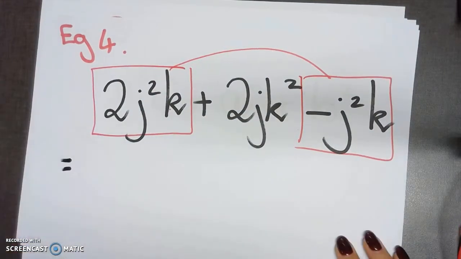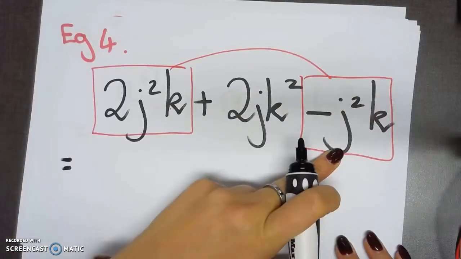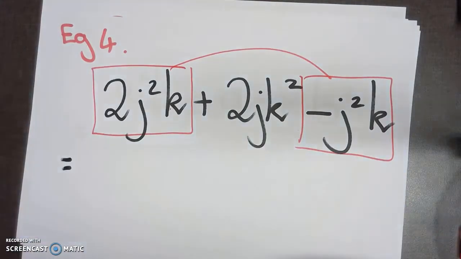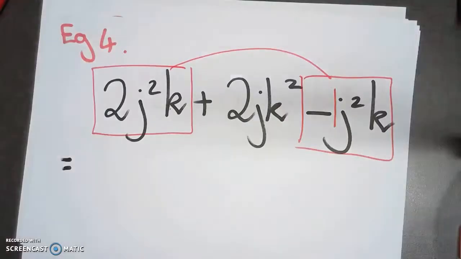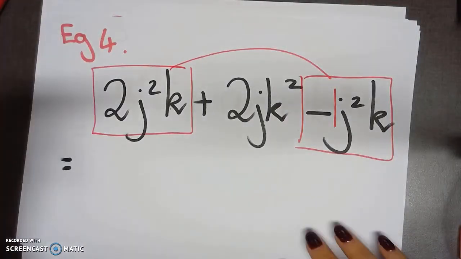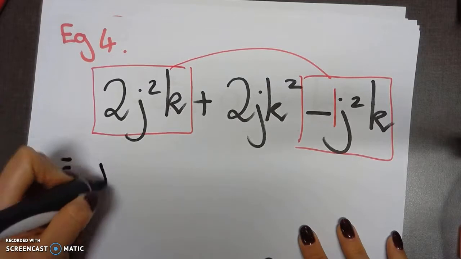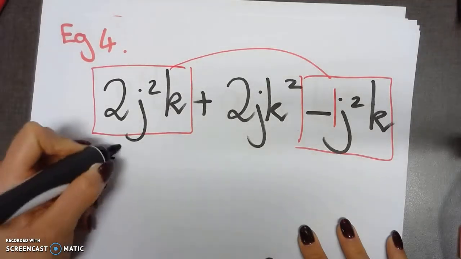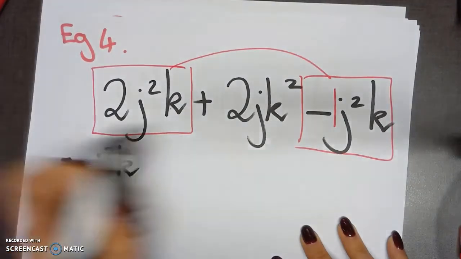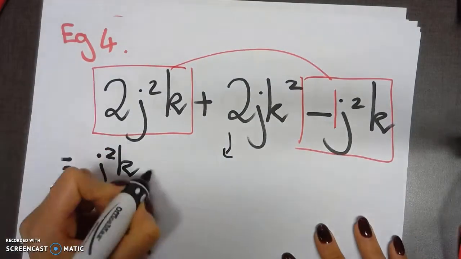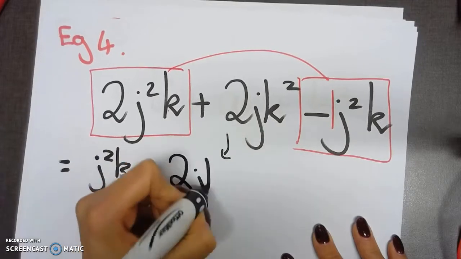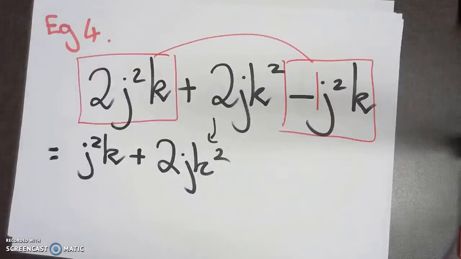We know there's a 1 there even though we don't write it, so we can write it in if we wish. So it's 2 subtract the 1, which leaves 1 j squared k, and then we bring the remaining term down as it is.